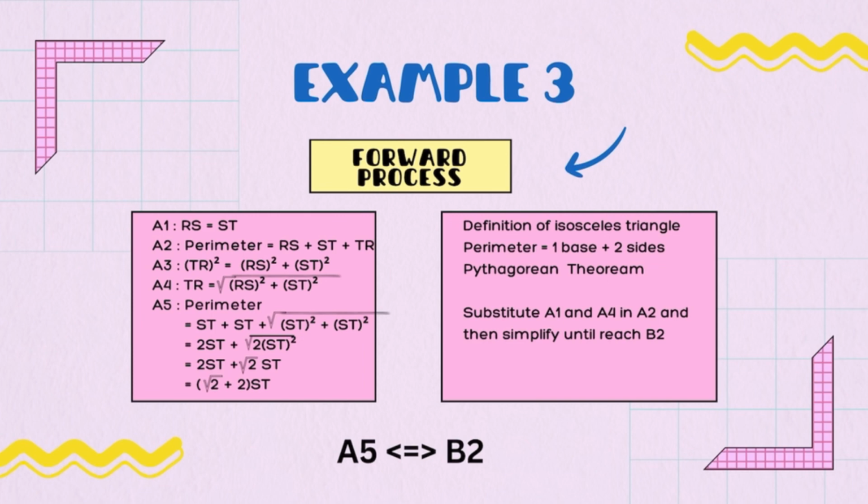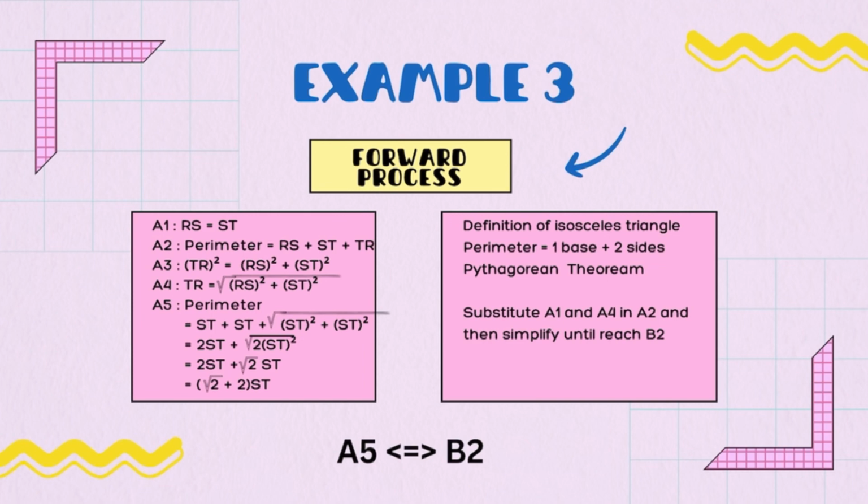A5, perimeter equals ST plus ST plus square root of ST squared plus ST squared, equals 2ST plus square root of 2ST squared, equals 2ST plus square root 2 times ST, equals (square root 2 plus 2) times ST. This A5 process is when we substitute A1 and A4 in A2 and then simplify until we reach B2.